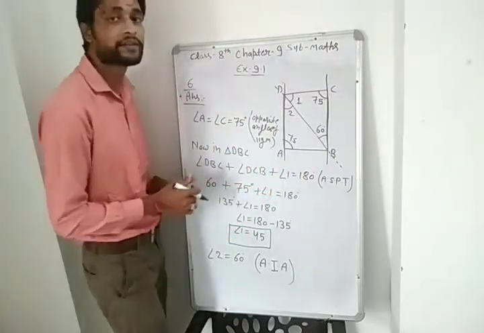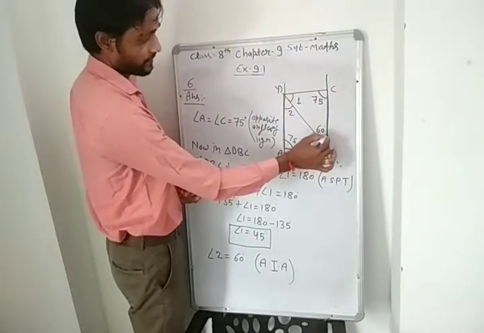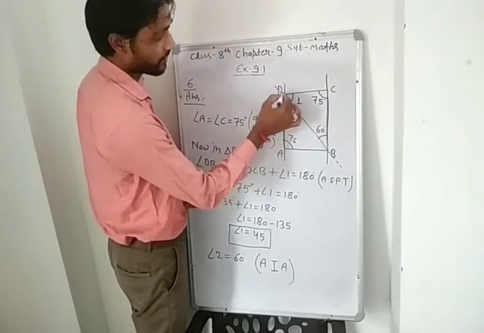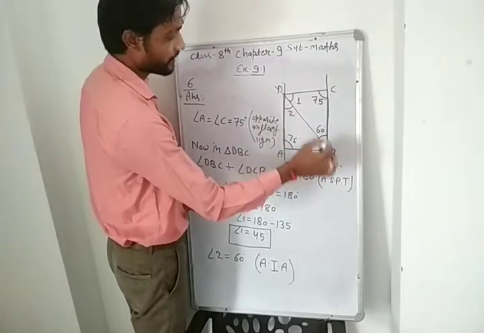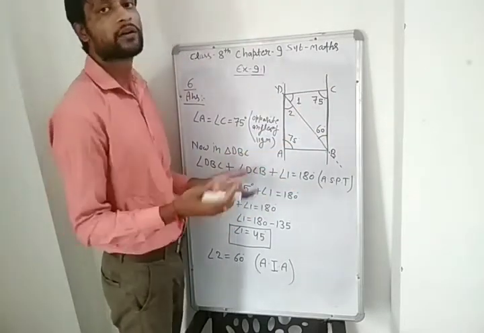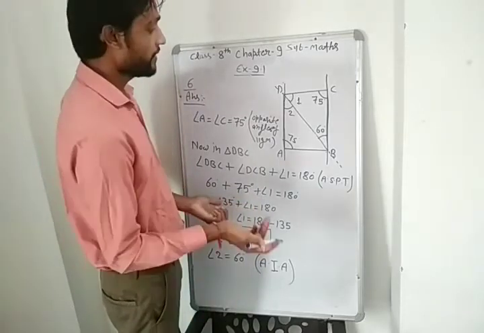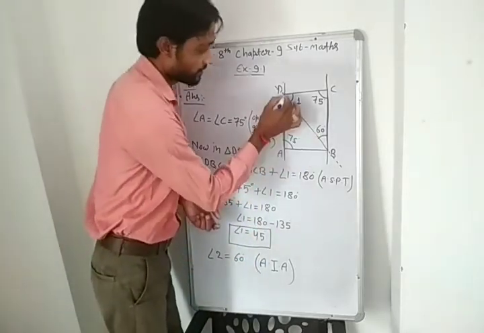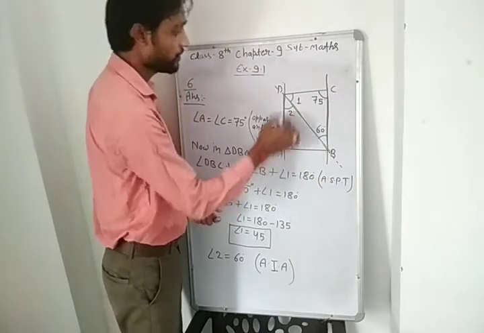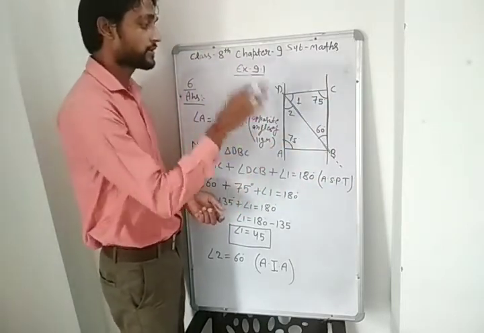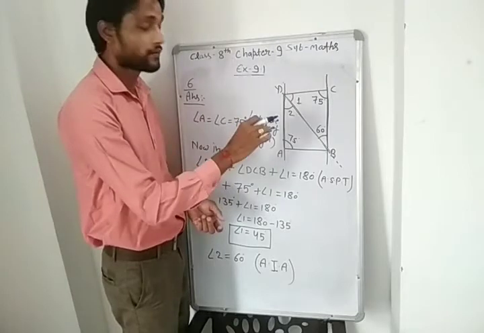Now you can see clearly, angle DBC, which is 60, and angle ADB are both alternate interior angles, and this is the transversal line, and BC is parallel to AD because this is a parallelogram.